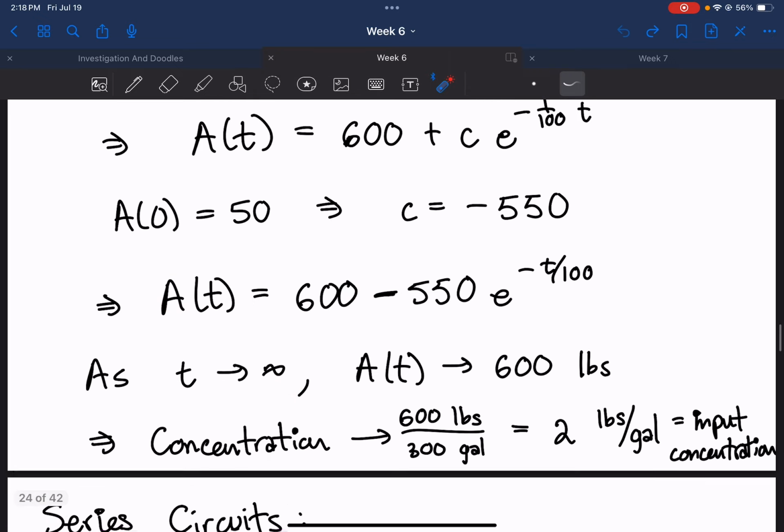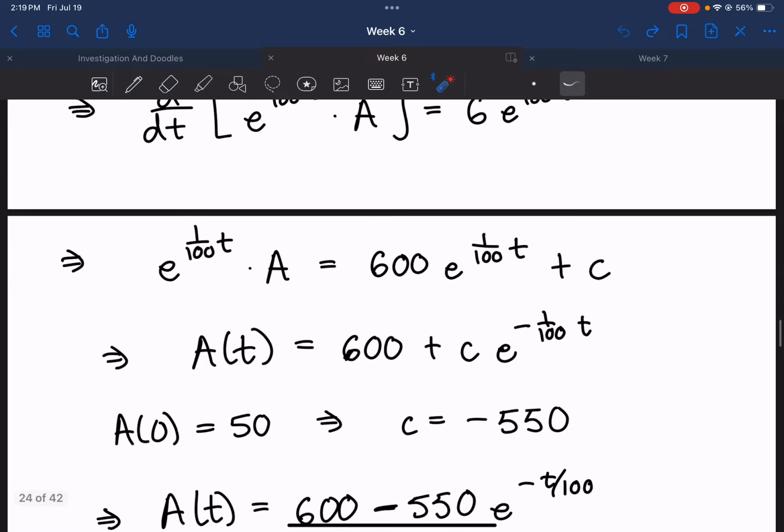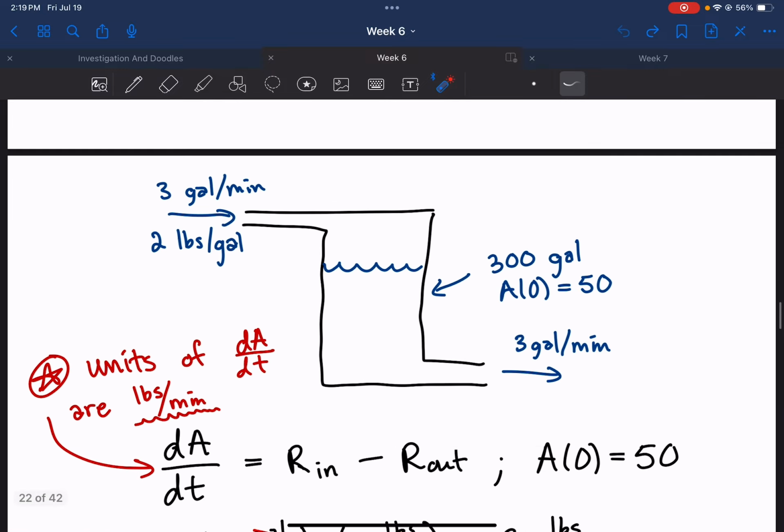And wouldn't you know it, if you check the concentration of that, 600 pounds of salt and 300 gallons of water is 2 pounds per gallon, which is the exact same as the input concentration. So what happens is we start with some salt water, we're pumping in a solution that's 2 pounds per gallon, and after a long time, the whole tank will be 2 pounds per gallon. Which totally makes sense.